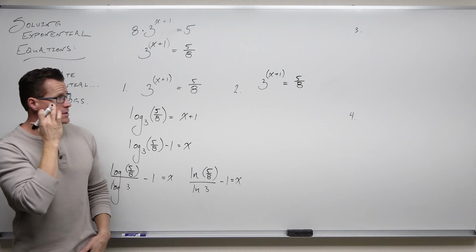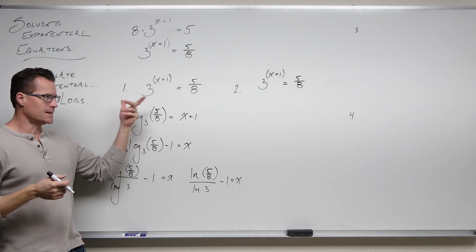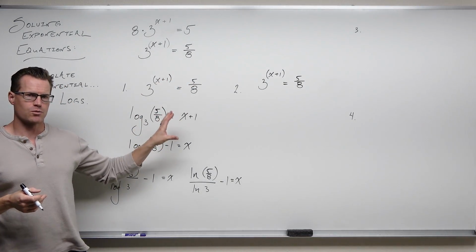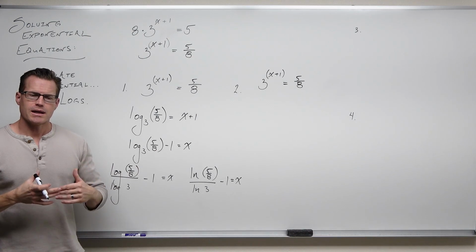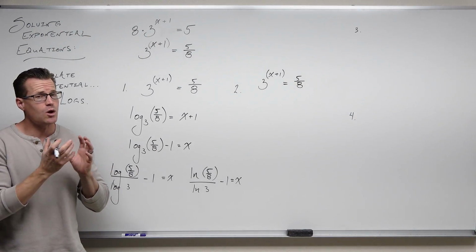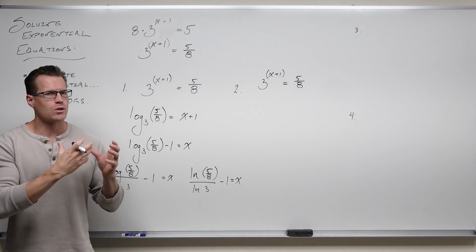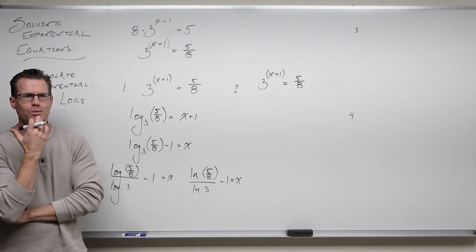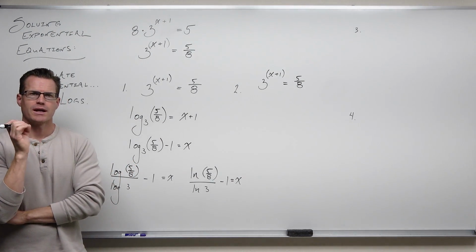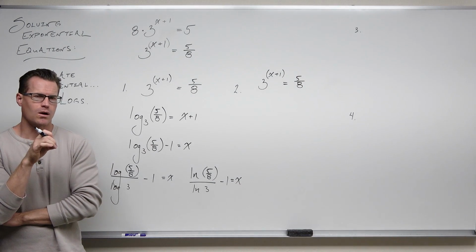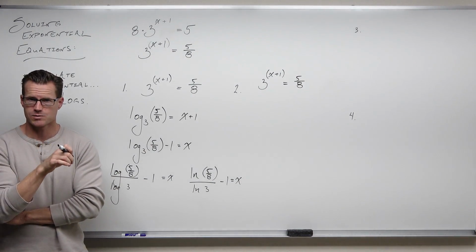So what if we had 3 to the x plus 1 equals 5/8 again, and we don't want to go directly to logarithmic notation? In exponential equations, you can do almost anything you want as long as you do it to both sides. We can take a logarithm of both sides. Now why in the world do we want to do that? Well, an exponential's inverse is a logarithm, which will undo that exponential.